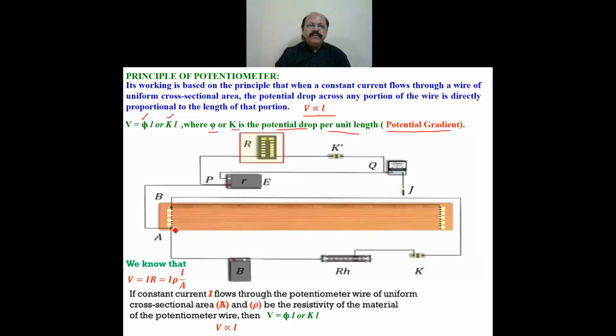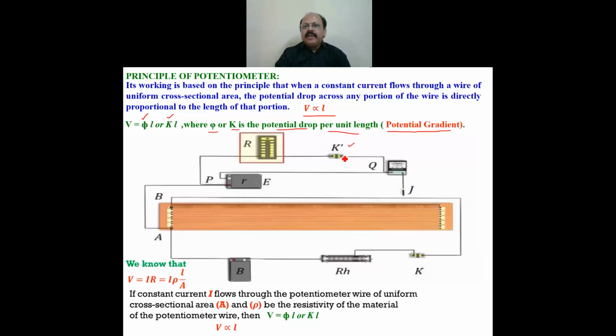And the other end of the potentiometer is also connected to the cell of EMF E, internal resistance r, and to one terminal of a resistance box. The other terminal of the resistance box is connected to the key K dash.